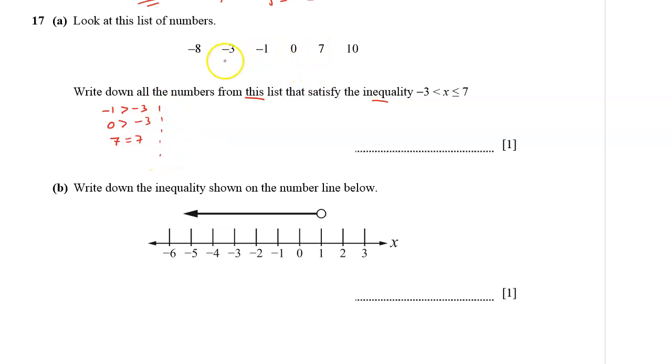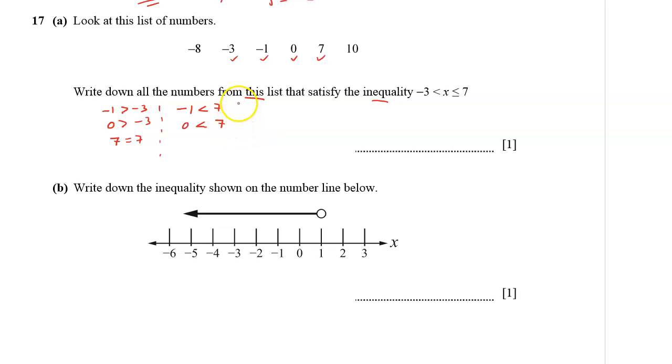Okay, the 7, we have taken care of that. Of course, -3 is not greater than -3, so that one is out. What about -1? -1 is less than 7. You can see that. We also know that 0 is less than 7.